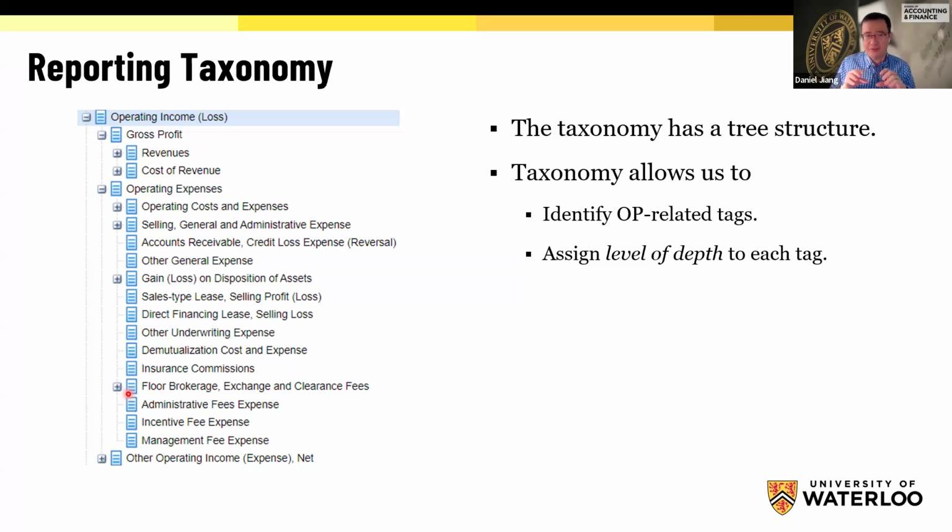Another difference between our paper and the Chen, Miao and Shevlin paper is that I think their disaggregation is about the overall 10-K filings, or just the overall income statement or overall balance sheet. But our disaggregation measure is more accounting concept specific.